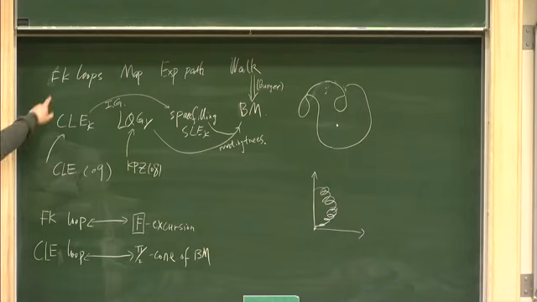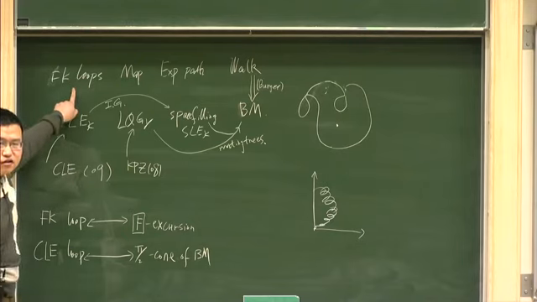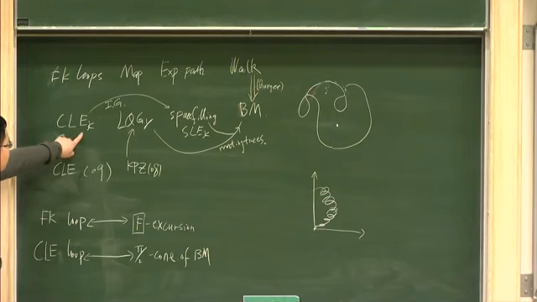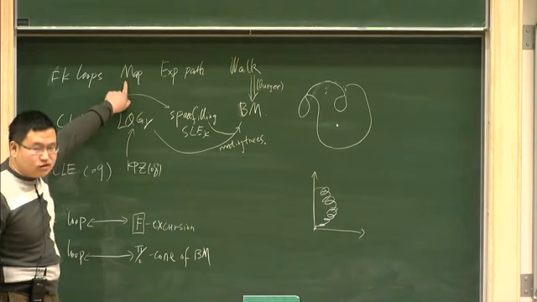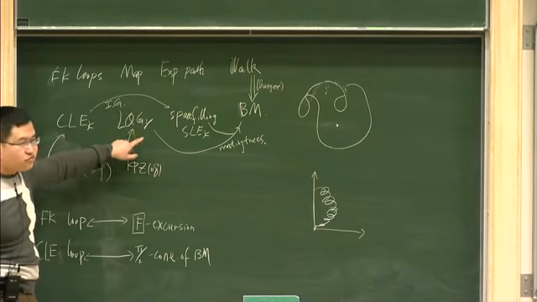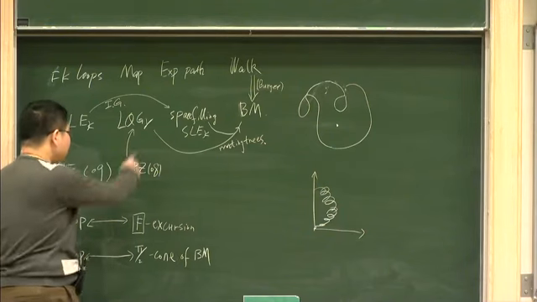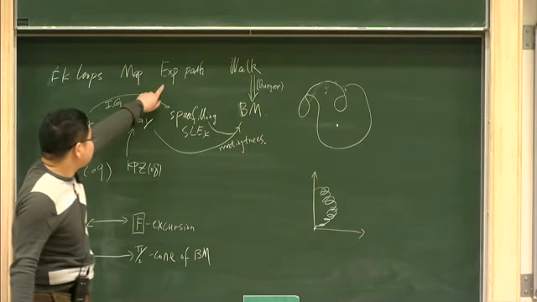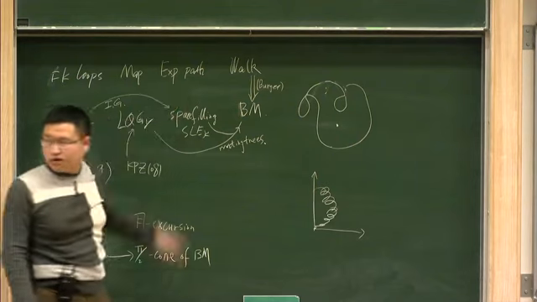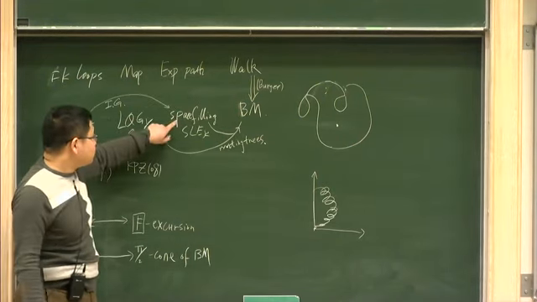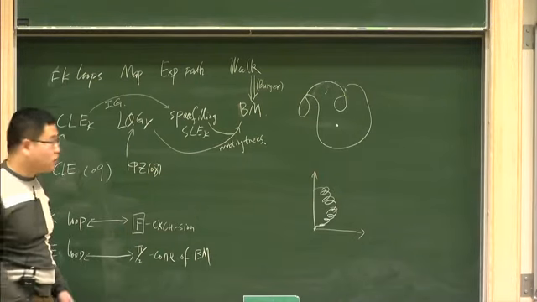So these FK loops correspond to CLE kappa, with kappa between 4 and 8. And the planar map corresponds to a Liouville quantum gravity surface with parameter gamma. And this exploration path corresponds to the so-called space-filling SLE kappa.